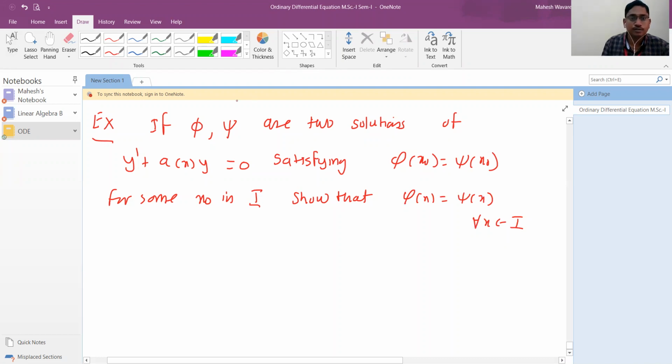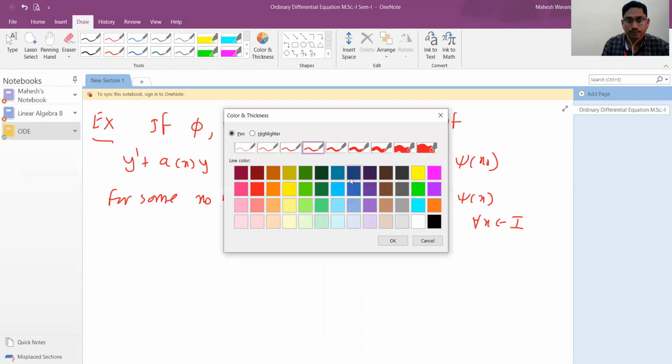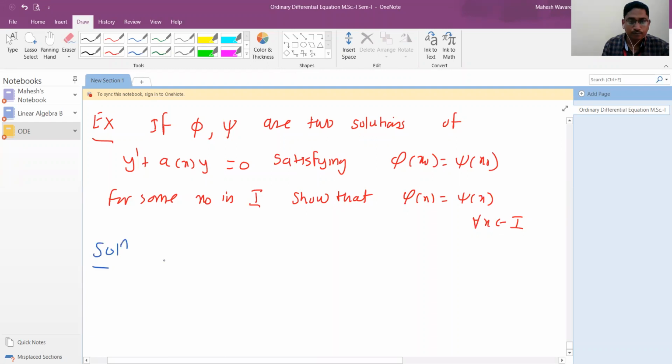We will try to solve it. Given differential equation is y dash, that means dy by dx, plus a function of x multiplied by y is equal to 0.